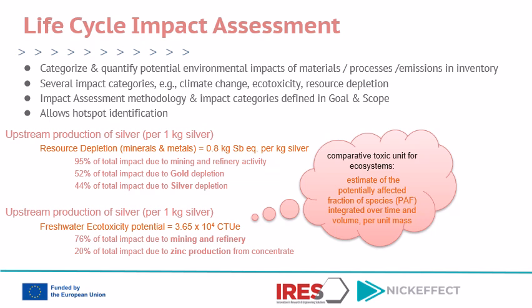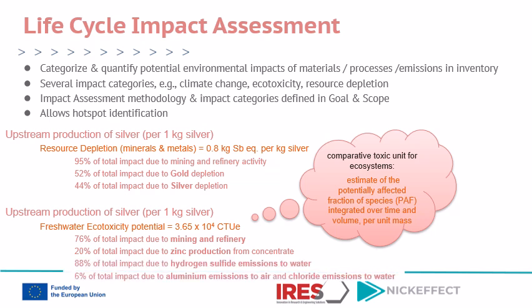And zinc production from concentrate also has quite a significant contribution to the ecotoxicity potential. I remind you that this silver production process that we have used from the LCA library includes also some silver produced as a byproduct from the processing of other metals. So this is why zinc appears to be a contributor in this process.